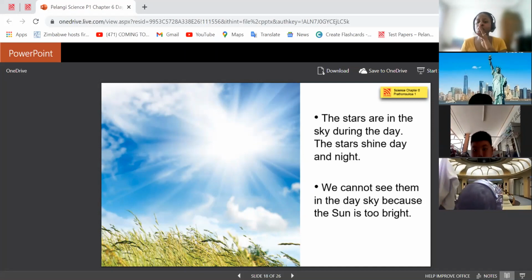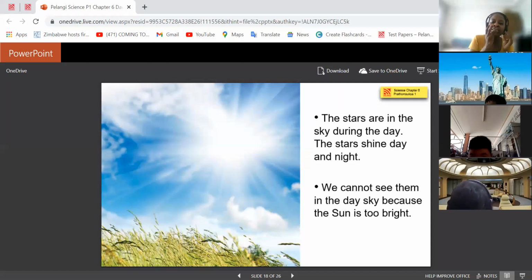Sometimes we can see the moon in the day sky, and we can also see the stars in the day and the night, depending on the brightness of the sun, right? If the sun is too bright, you cannot see the stars.